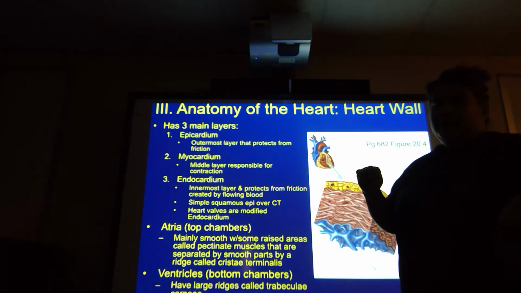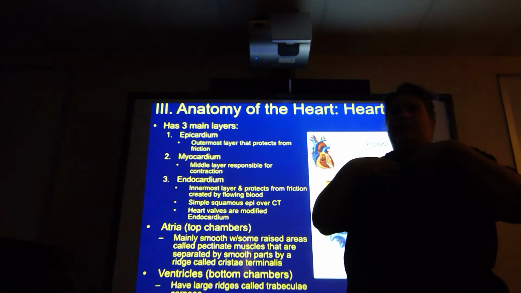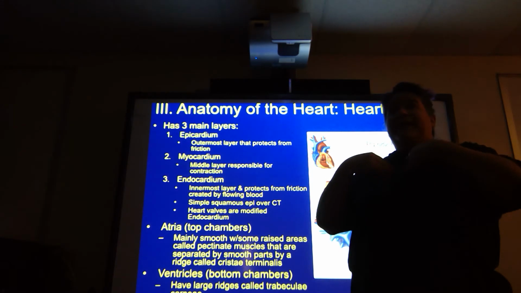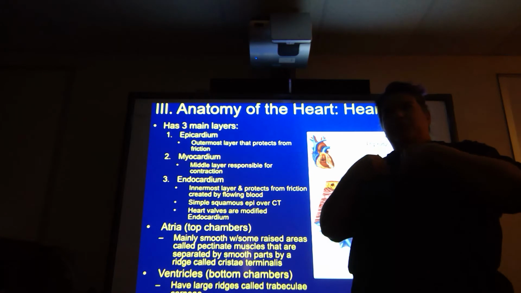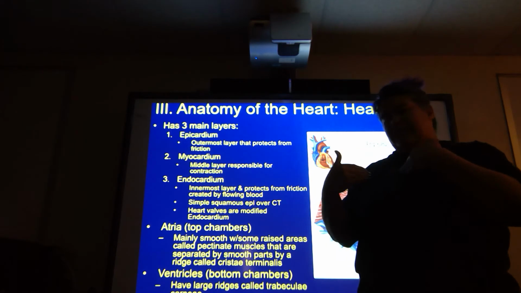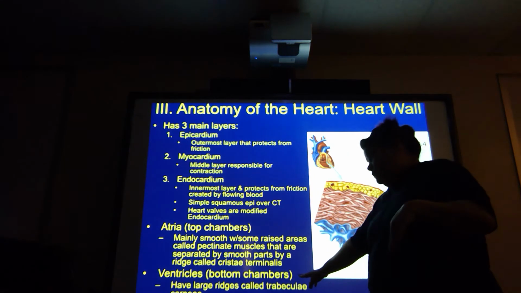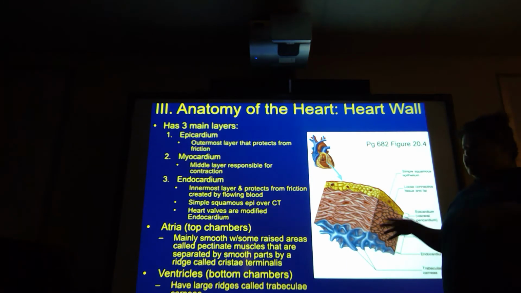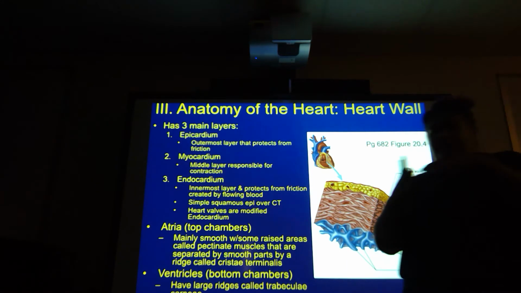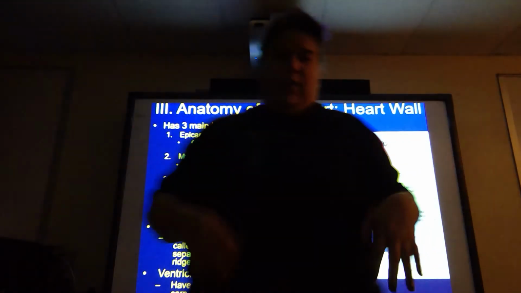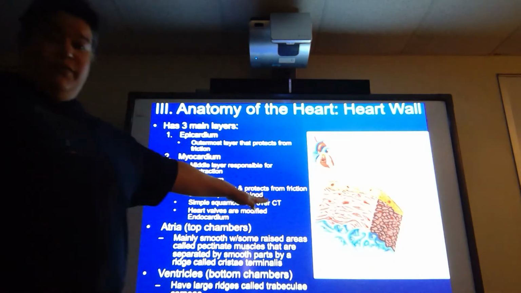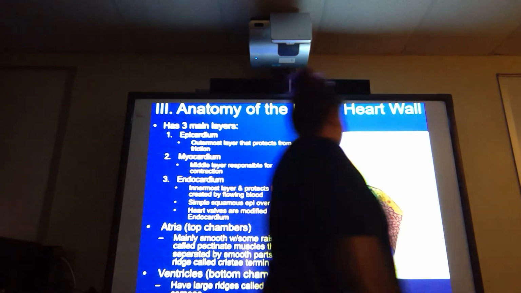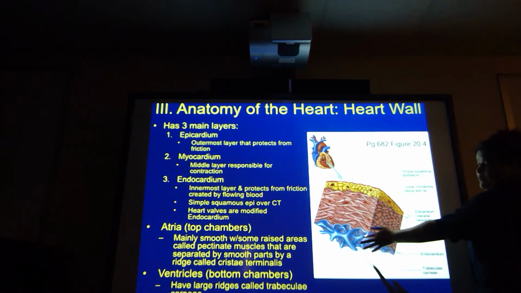Okay? So you've got kind of this ridgy looking tissue, but you also have kind of this smooth ridge in between those ridges. Now, the ventricles, they have these huge, like chunks of muscle that look like raised, almost branches.